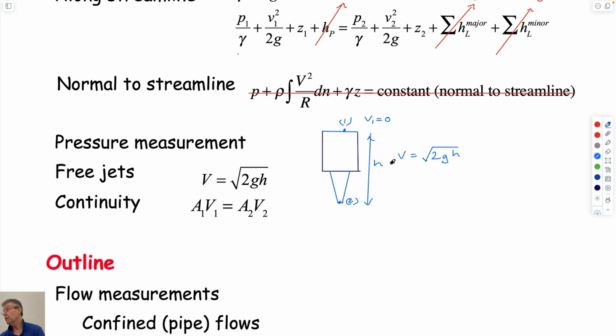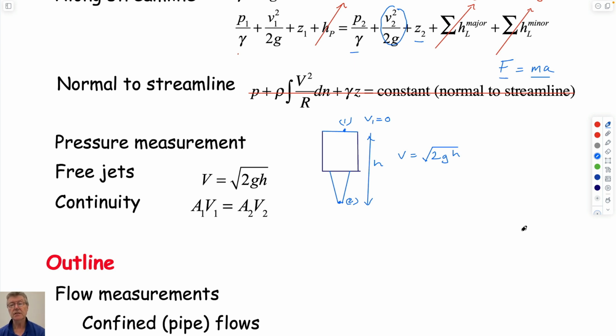That's because we're not doing anything other than solving F equals ma. The acceleration term is v squared over 2g, and the force terms are this and this, adding the force, as you could surmise.